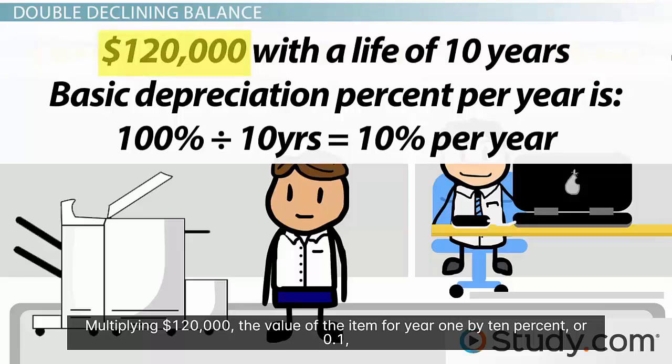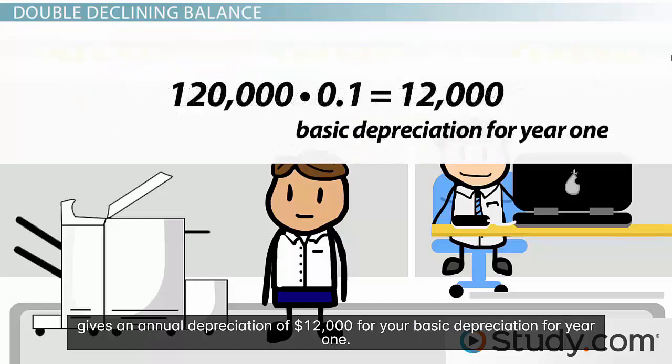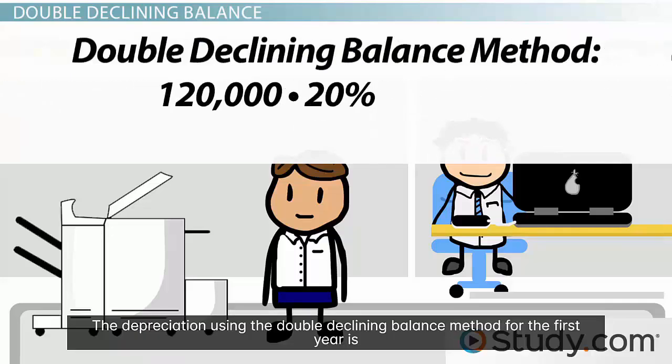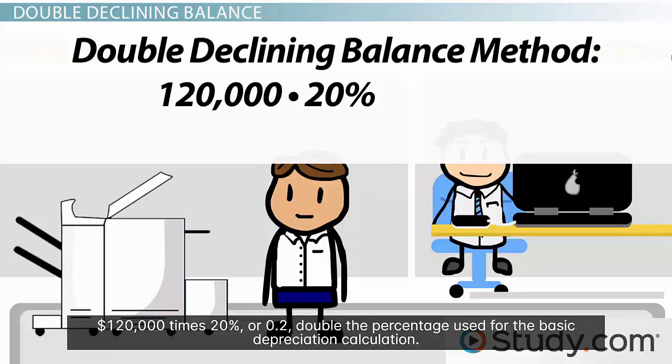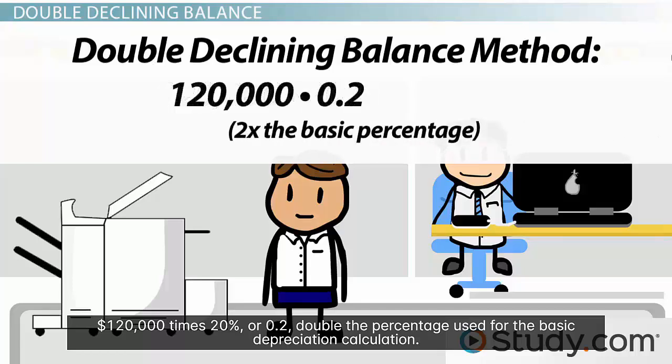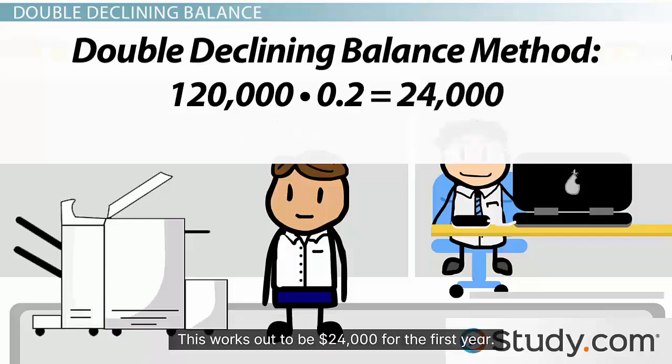Multiplying $120,000, the value of the item for year 1, by 10%, or 0.1, gives an annual depreciation of $12,000 for your basic depreciation for year 1. The depreciation using the double declining balance method for the first year is $120,000 times 20%, or 0.2, double the percentage used for the basic depreciation calculation. This works out to be $24,000 for the first year.